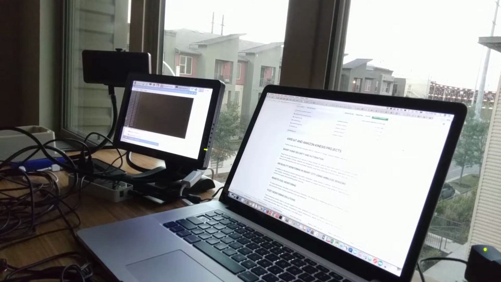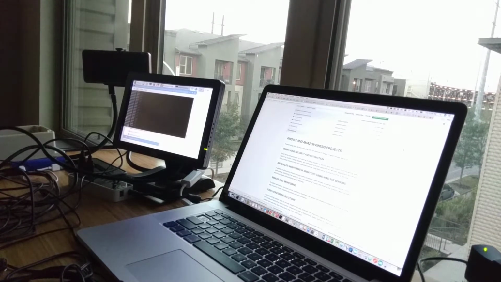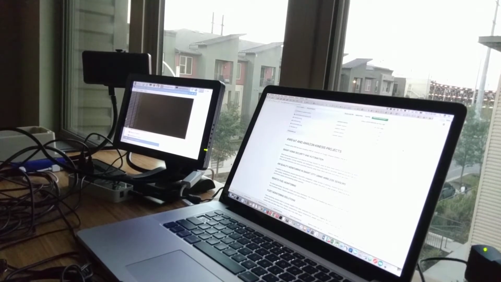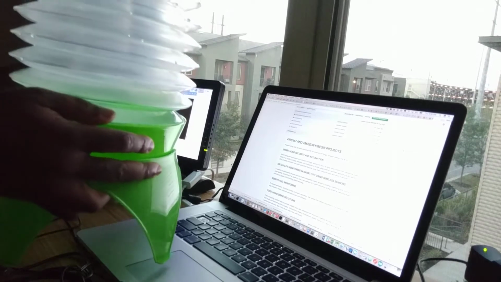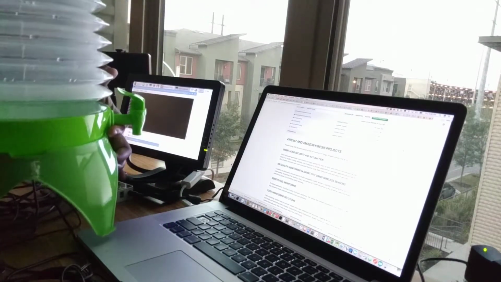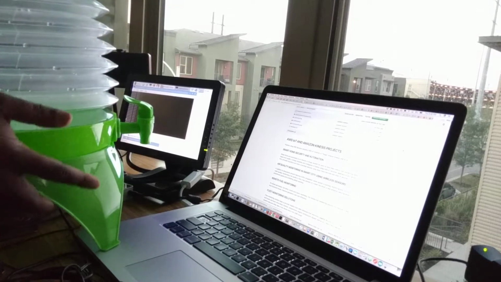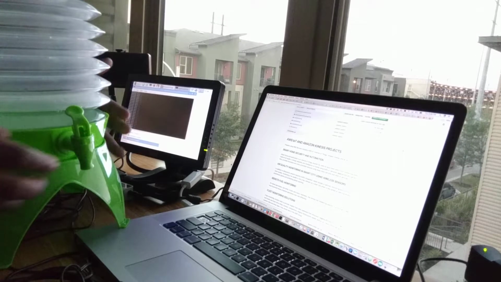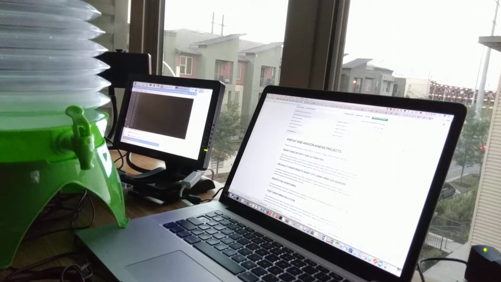Now the third project is the remote fuel monitoring. I set up something similar to what you might think of in fuel tanks, for example.